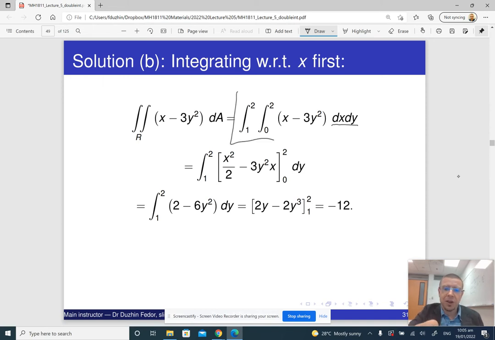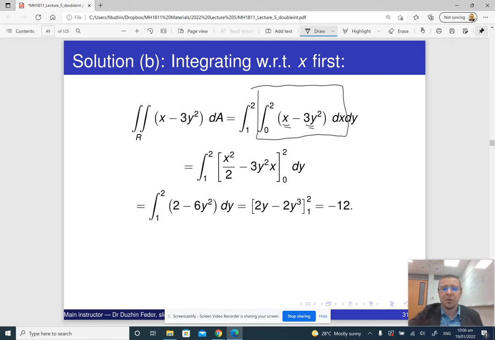And of course, we need to change the order of the limits of integration, right? Because first we integrate with respect to x. So first we take this integral with respect to x, and integrating this with respect to x, we just basically take the antiderivative of this function.